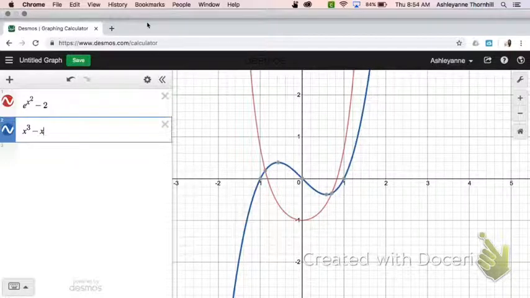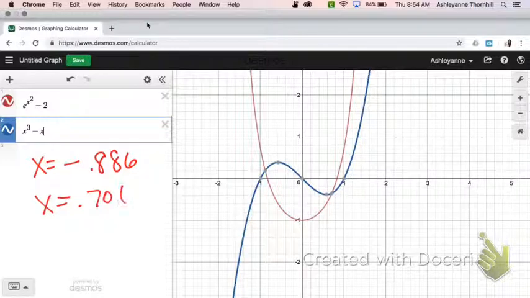So we had our answers, and I don't know why I erased them, but I had x equals negative 0.886 and x equals 0.706. And here are my 2 points. It's asking when this red function is below this blue function, if you can see my picture.